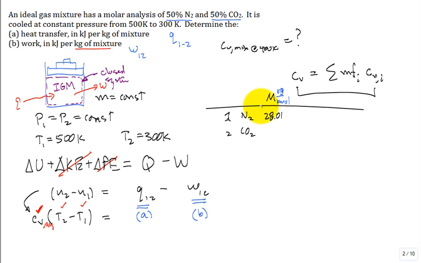True? And then I look up CO2, 44.01. Which is the heavier molecule? CO2. If I have 1 kilomole of nitrogen, will it weigh less than 1 kilomole of carbon dioxide? Yeah, it will.